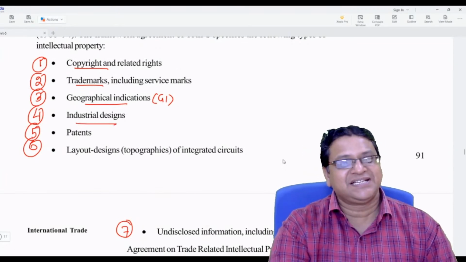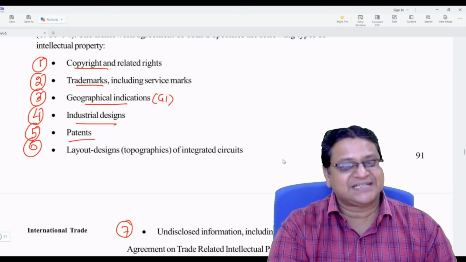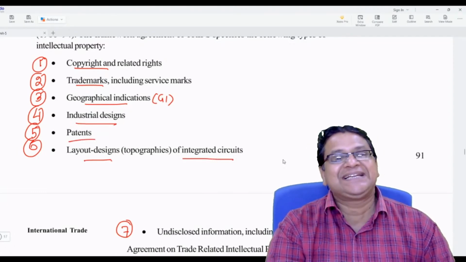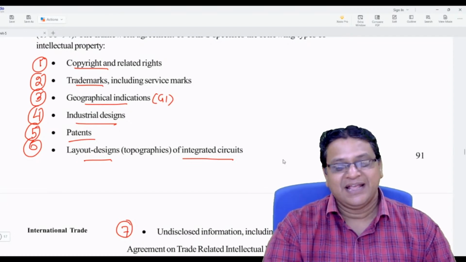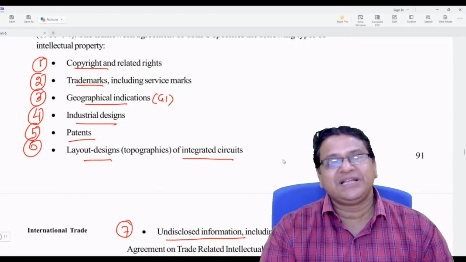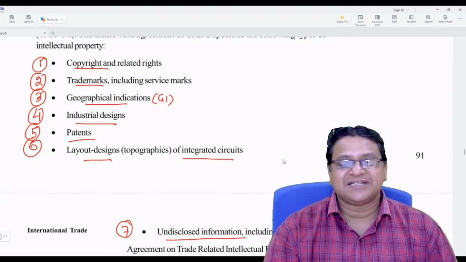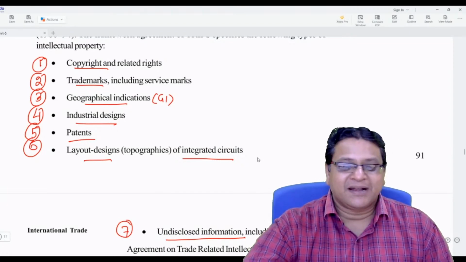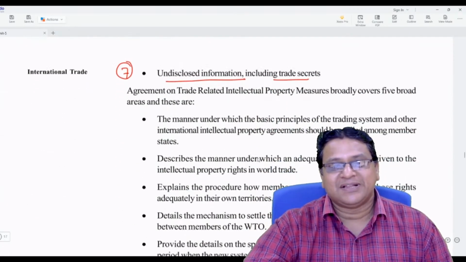Industrial designs, these are traded internationally. Patents are traded internationally. Layouts of integrated circuits, ICs, are traded. Trade secrets, undisclosed information including trade secrets, are traded internationally. So these are the 7 IPRs which are bought and sold internationally.